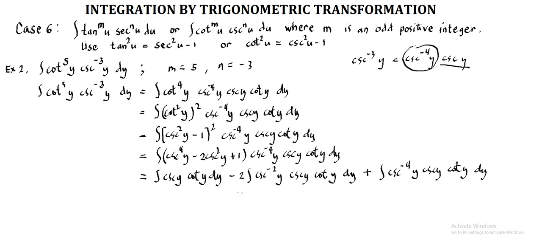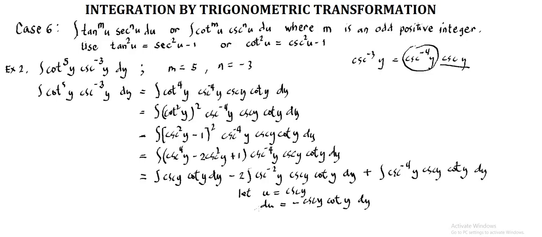So, dito, let u now equals cosecant of y. Yung may exponent na negative 2 saka negative 4, yung base nung mga yun yung ating u, cosecant of y. And then our du, ang derivative ng cosecant of y ay negative cosecant of y, cotangent of y dy.